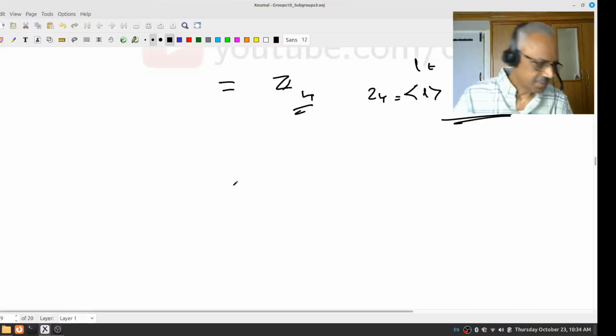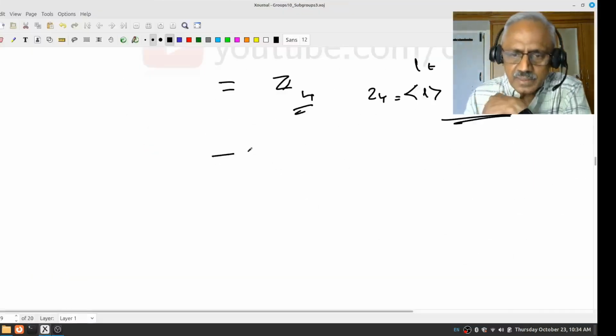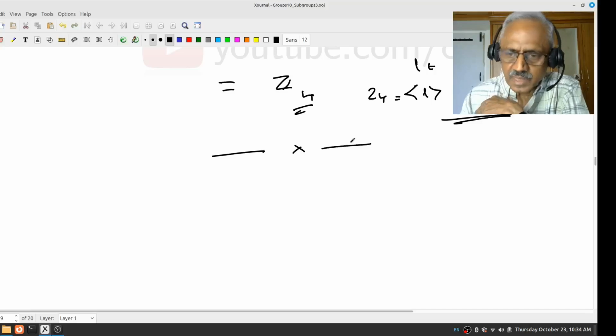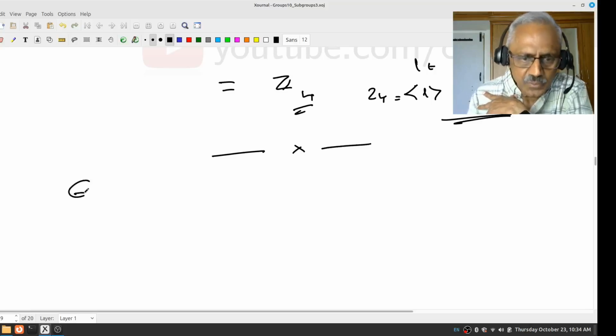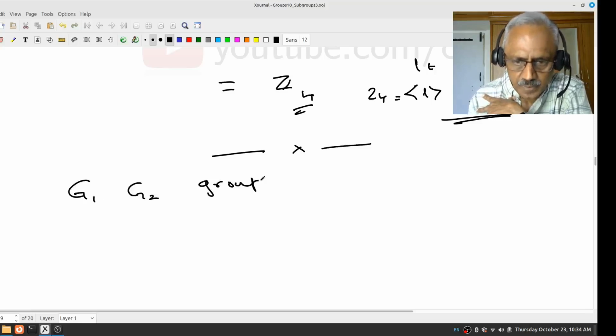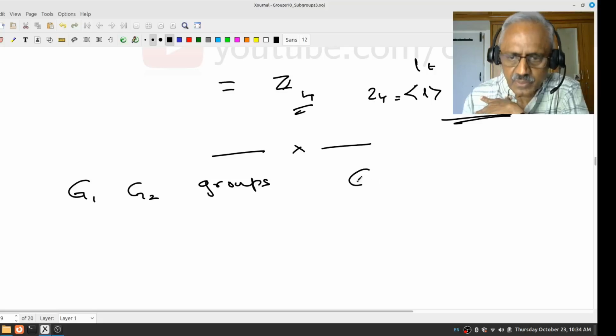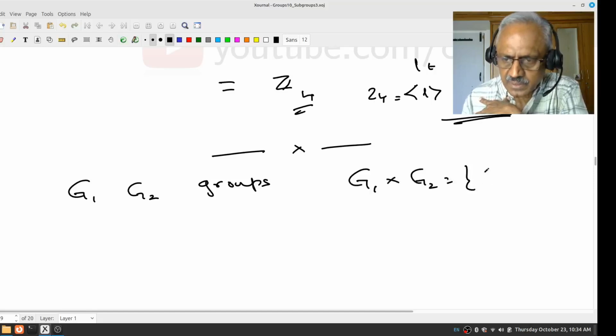Now I want to look at some abstract example. Suppose G1, G2 both are groups. Now I have the Cartesian product G1 cross G2. What are these? They are the elements of the form (a1, a2), where ai belongs to Gi, i equal to 1, 2.